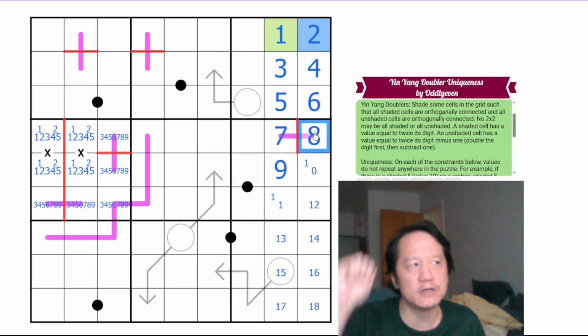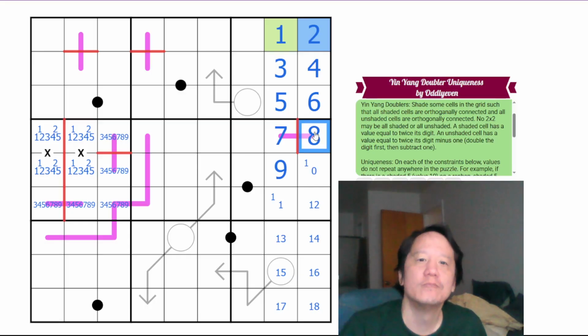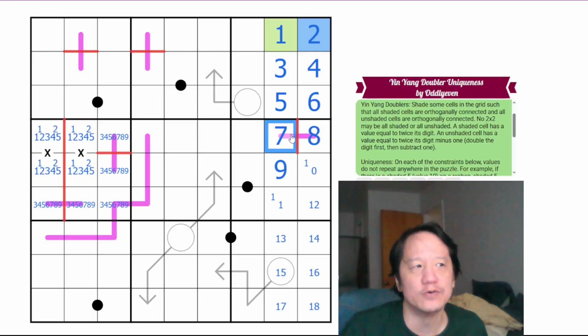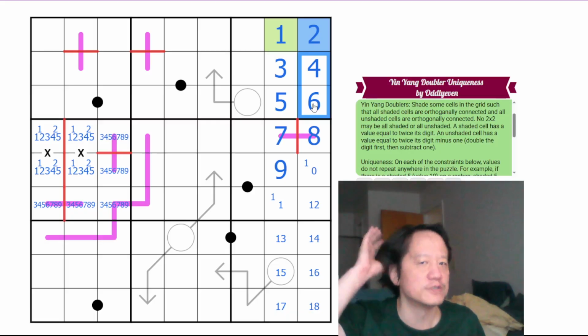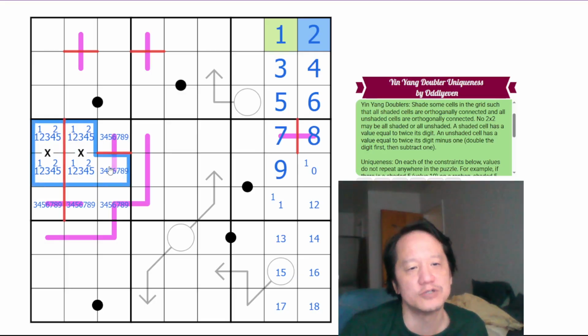So that would be shaded 1 and shaded 4. But then we wouldn't have a 4 available. So you couldn't have an unshaded 4 and an unshaded 2. So the only other combination would be 4 and 6. But the problem with that is then you'd have all of those be shaded, which is not allowed. So therefore the 1 must be with the unshaded 5.